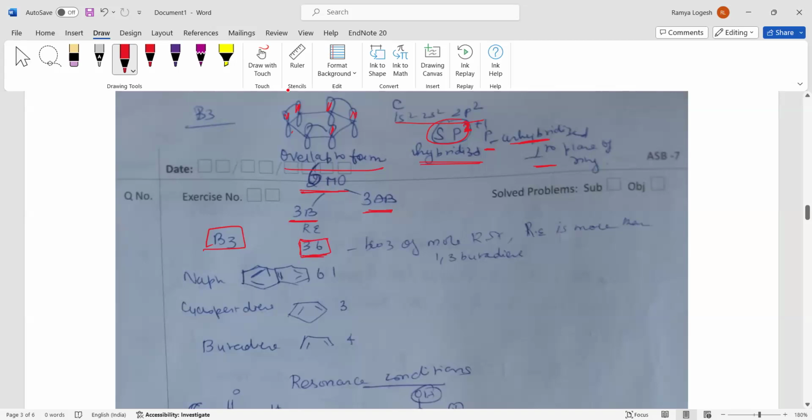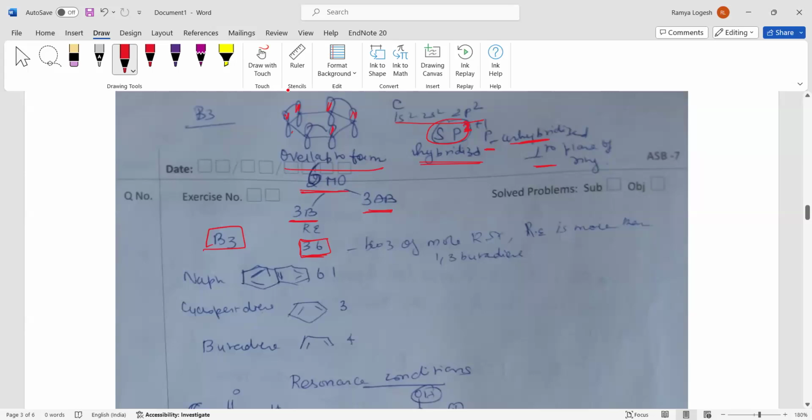The energy that is exhibited by a molecule when it is showing resonance, that is called resonance energy. I repeat once again, the energy that is exhibited by the molecule when it is exhibiting resonance. Ma'am, what is resonance? Resonance is nothing but a continuous shift of electrons, delocalization.